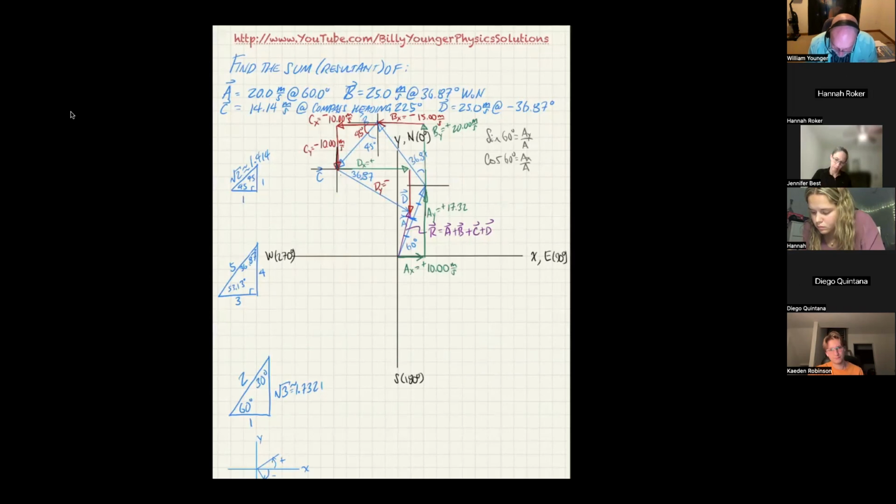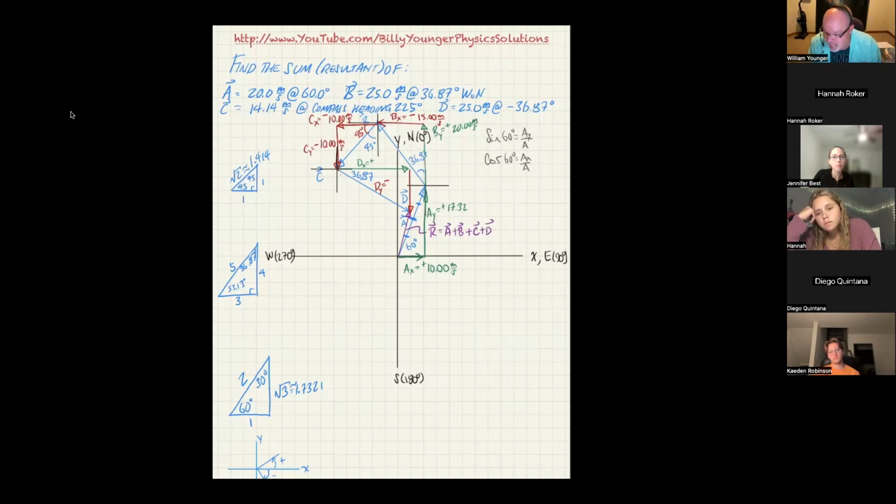Now, again, notice that's a 36.87. If you see a 37 degrees or a 36.9 or something like that, that's your author or whoever made the question trying to tell you, hey, this is a 3-4-5 triangle. Same thing if you see a 53 degree or 53.1 degree. So in this case, the magnitude was 25, and remember the hypotenuse of the 3-4-5 triangle is 5.